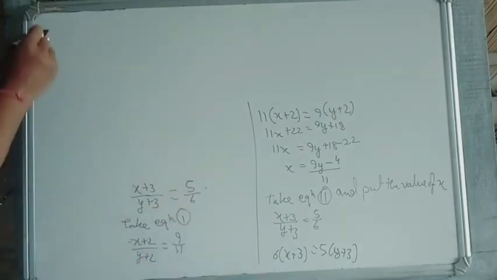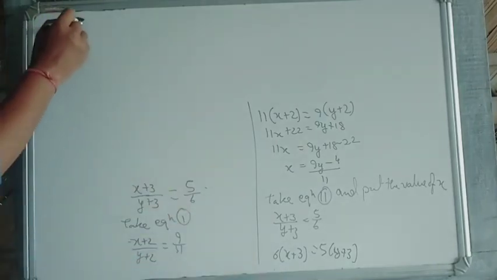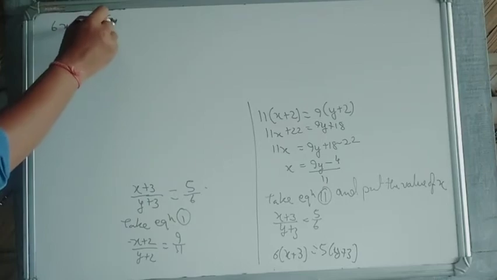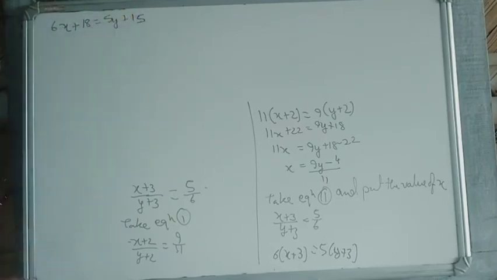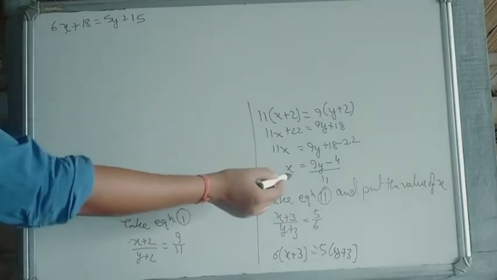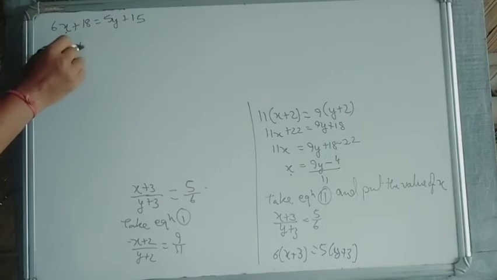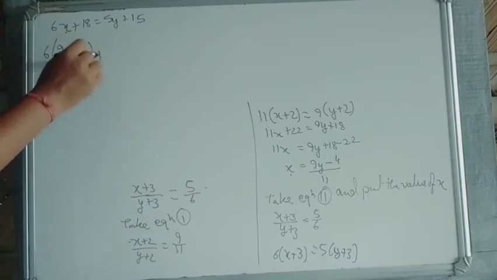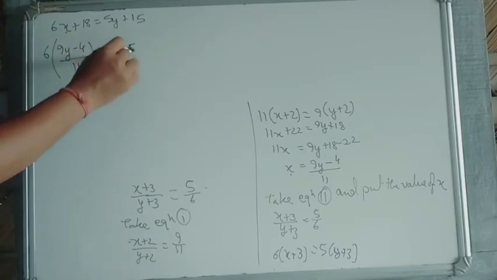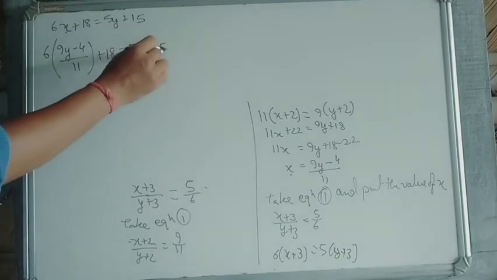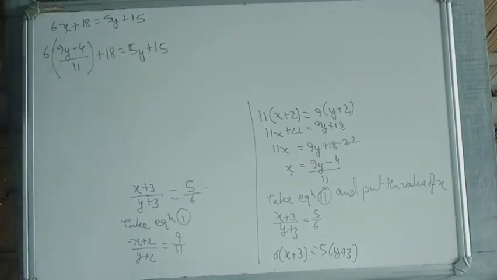Now this will become 6x plus 18 is equal to 5y plus 15. Then here I will put the value of x: 6 into 9y minus 4 by 11 plus 18 is equal to 5y plus 15.